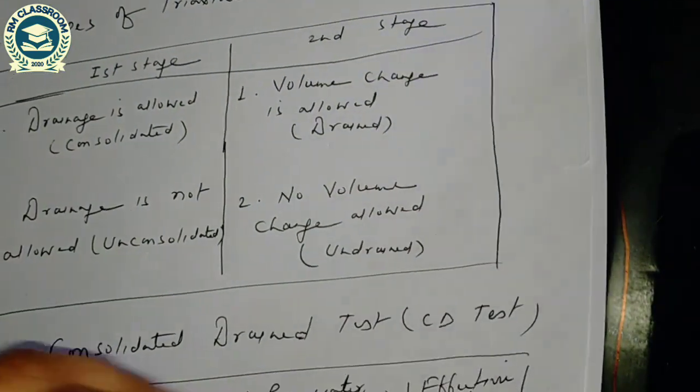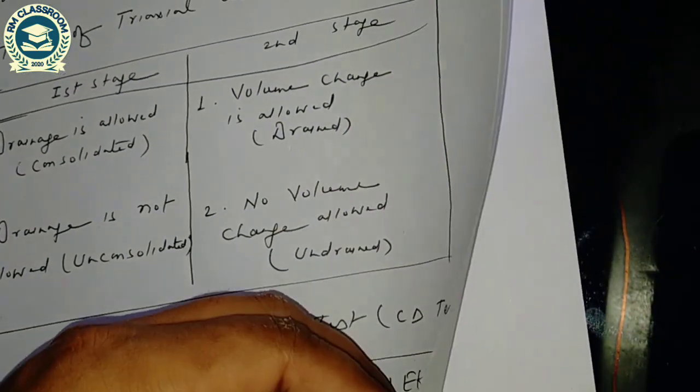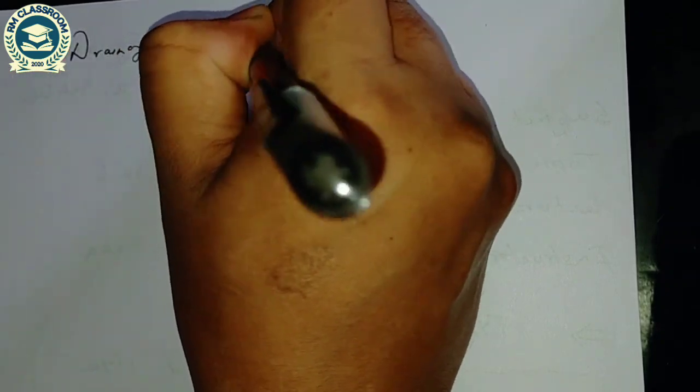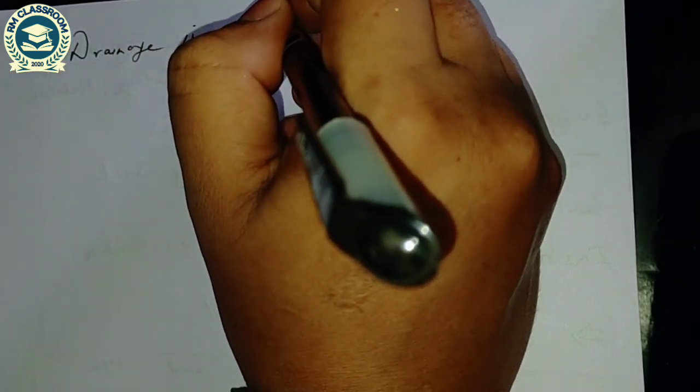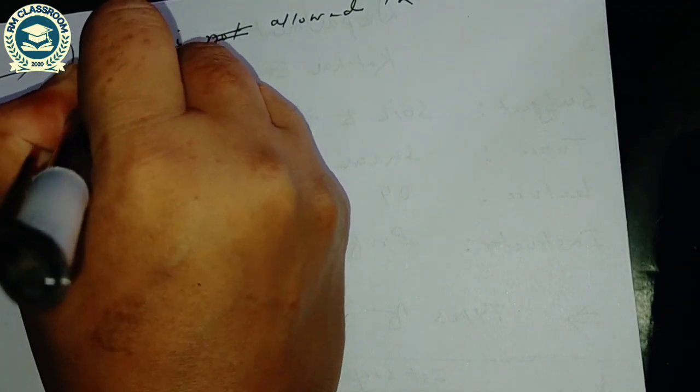So drainage is not allowed in both the stages. Loading rate is slow. So we can write drainage is allowed in both stages.